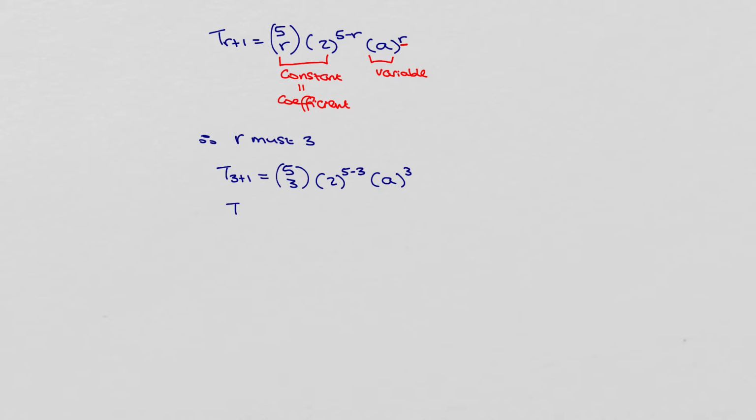And therefore that simplifies to the fourth term. 5 choose 3 is 10. 2 to the power of 5 minus 3 is 2 to the power of 2. And 2 squared is 4. And then a to the power of 3 is a cubed. So that means that the fourth term is 40a cubed. So in other words, the coefficient of a cubed is 40.